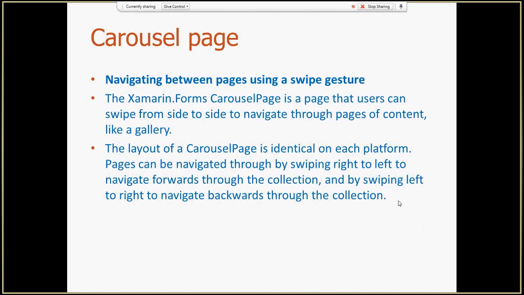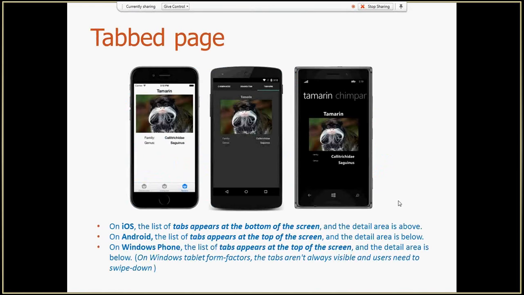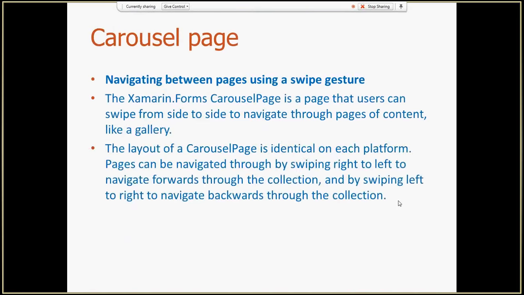The difference between tab pages and carousel pages is that in tab pages you can have different layouts in different tabs. For the carousel page, we need to have the same layout in each page, and you can use a swipe gesture to navigate back and forth.